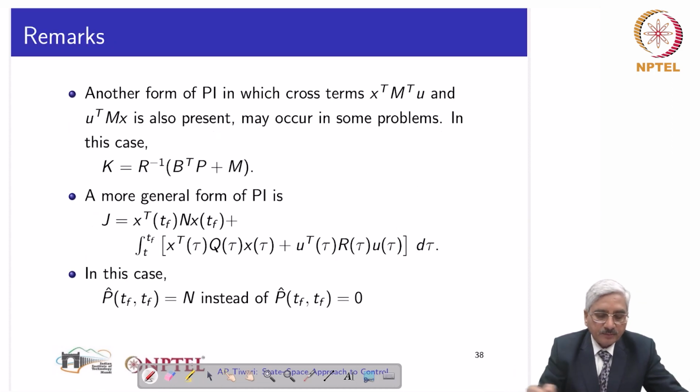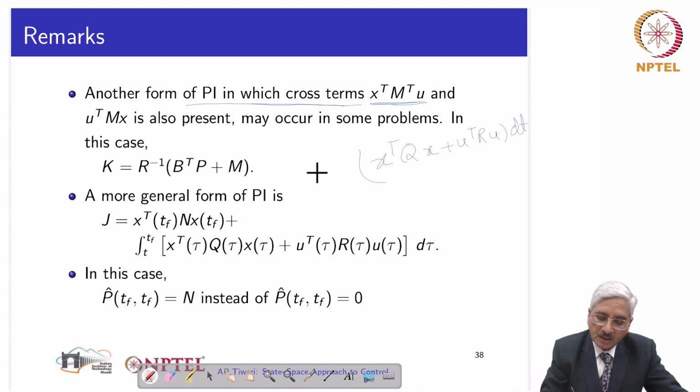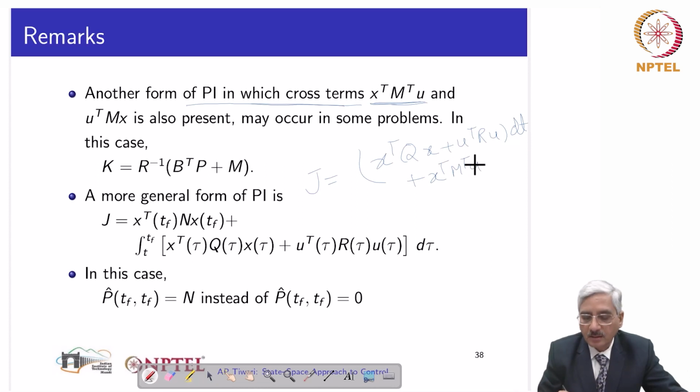There are other forms of PI in which we had the integral of X transpose QX plus U transpose RU dt. This was in G. But sometimes it can contain terms like X transpose M U, with X on one side and U on the other, whereas these are X and X, U and U on both sides.